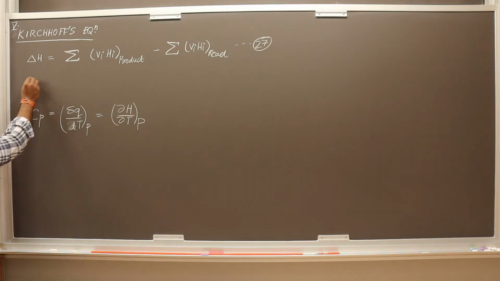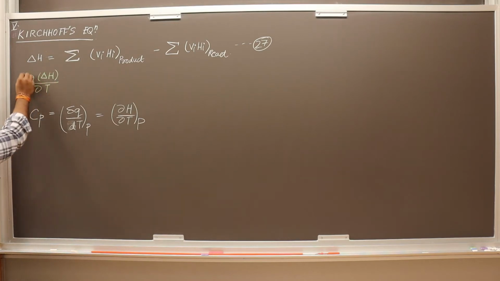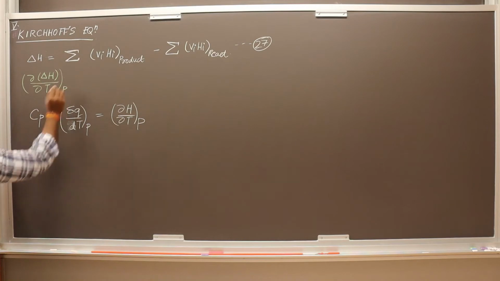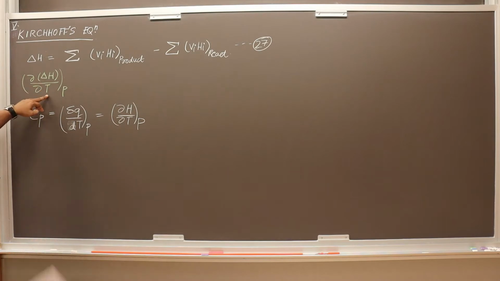So here we differentiate the change in enthalpy with temperature at constant pressure. Keep in mind that we are not just trying to differentiate enthalpy by temperature, we are trying to differentiate the change in enthalpy with respect to temperature at a constant pressure.